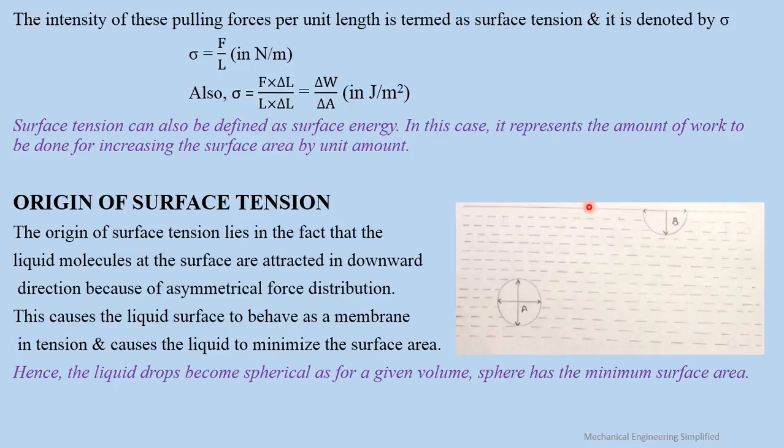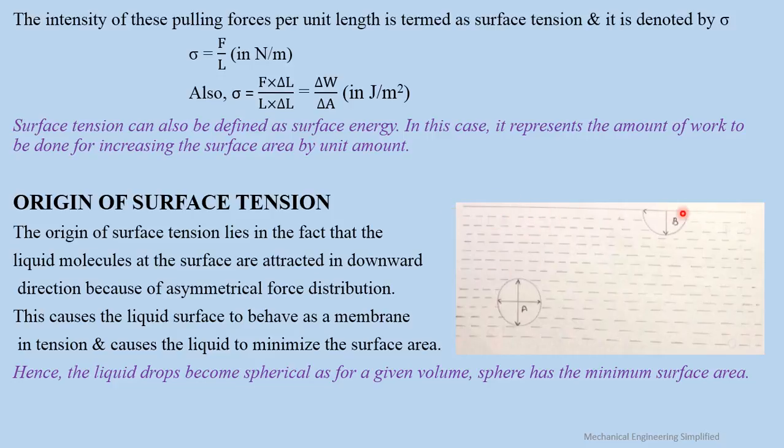There will be so many liquid droplets on this free liquid surface, all of which will experience a force in the downward direction. So this free liquid surface will behave as an elastic membrane in tension, and this causes the liquid to minimize the surface area, because all the forces are tending downwards and trying to pull this free liquid surface downward.